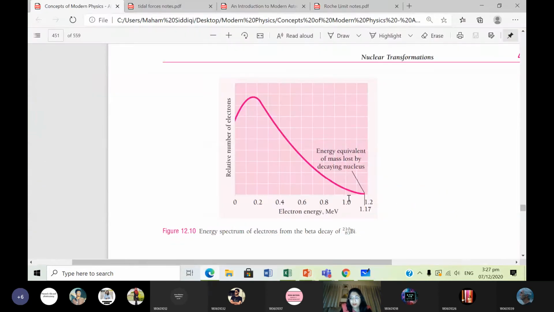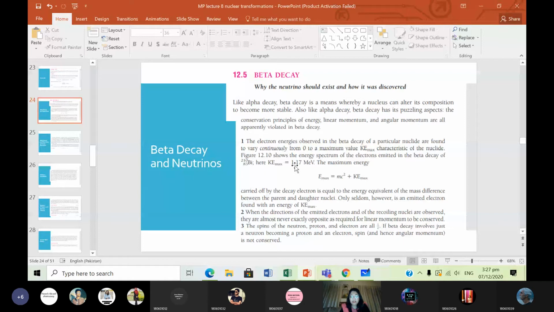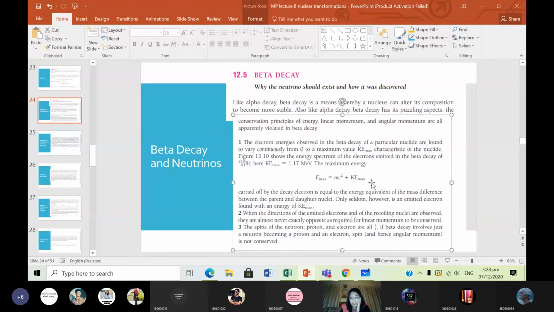This 1.17 is the maximum kinetic energy that the electron can achieve, 1.17 mega electron volts for the beta decay of bismuth-210, 83Bi. Sorry about that, bismuth. So we have E max equals mc squared plus kinetic energy maximum.